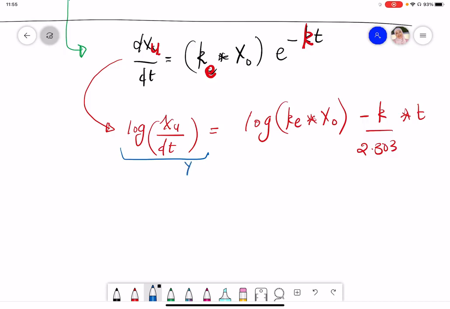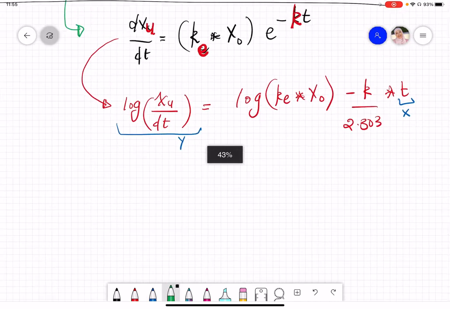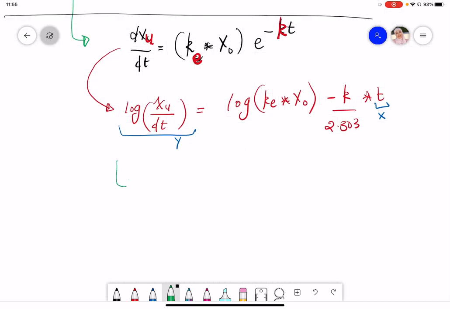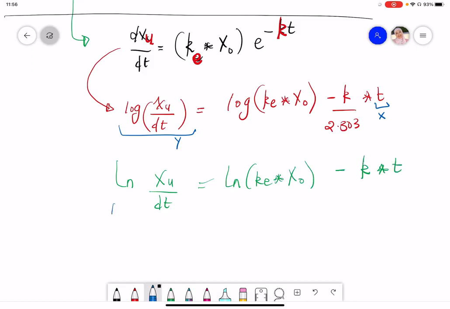This is y and this is x. If I want to have it in ln term, this would be ln, minus k multiplied by the time. This is your y, this is your x.